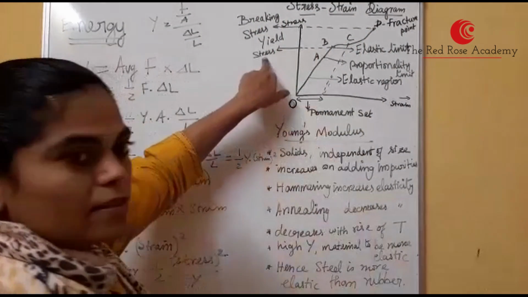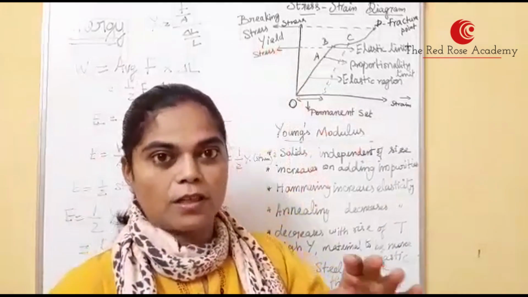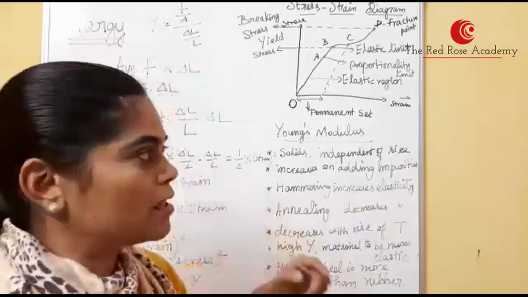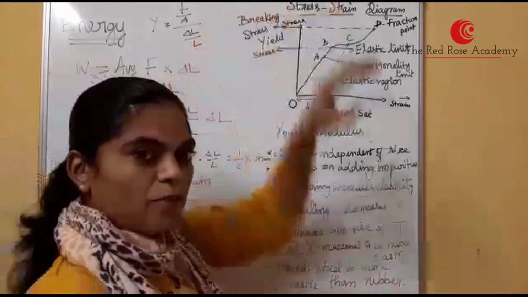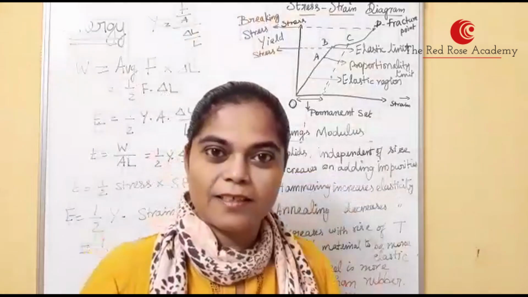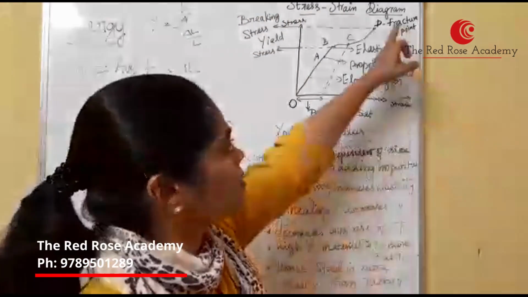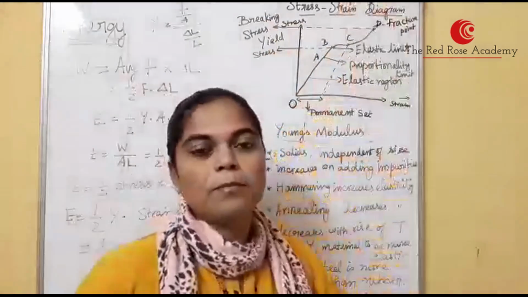So the meaning is, we are applying a stretching force on the particular wire, and it extends up to the breaking stress. After breaking, the stress cannot be applied, right? So the stress reaches the fracture point of the metallic wire.